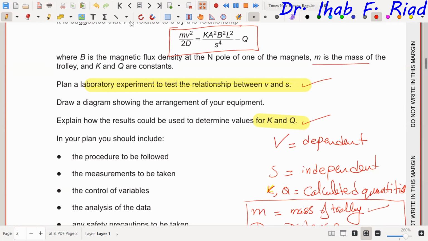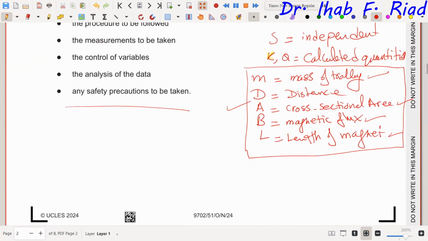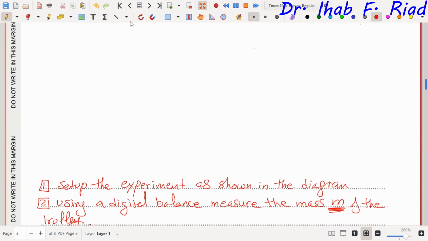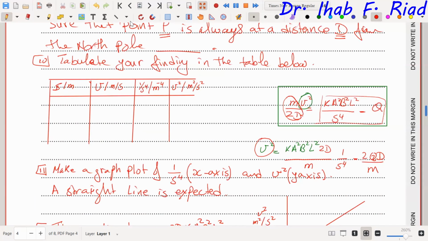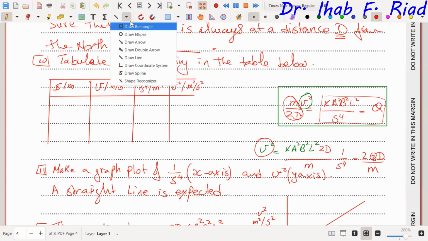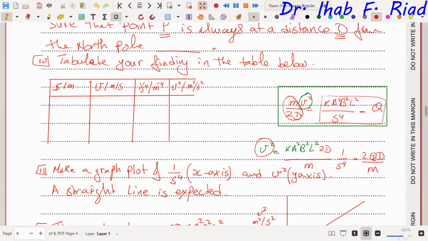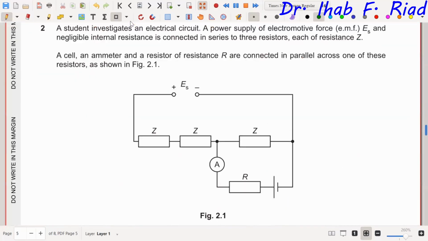Any other parameters, we need to tell him how we are going to measure, right? Right. Then we always try to manipulate our equation such that it looks like that of a straight line. Okay. Are we good? Yes. Okay. Now let us go to the next one.